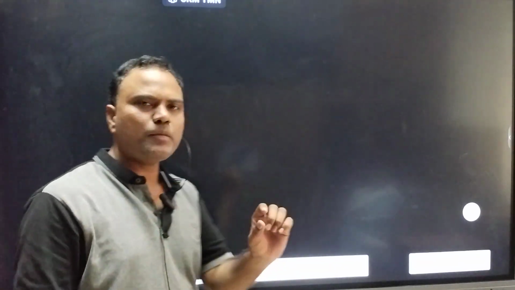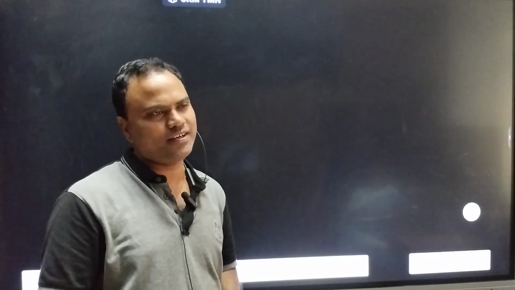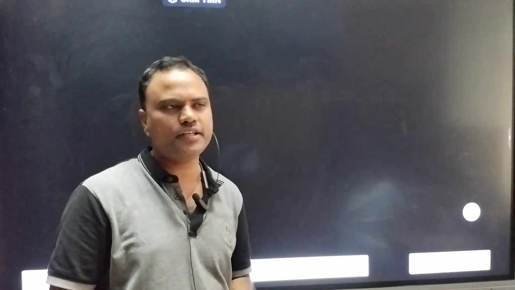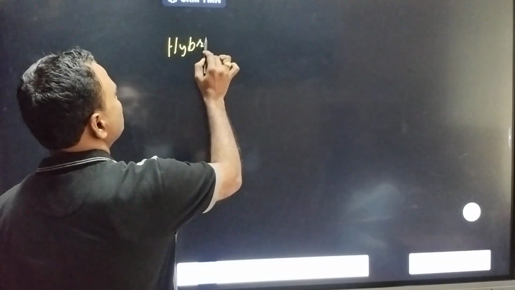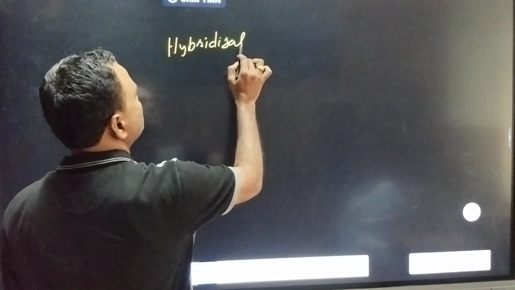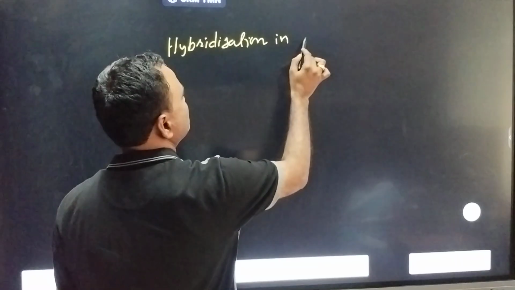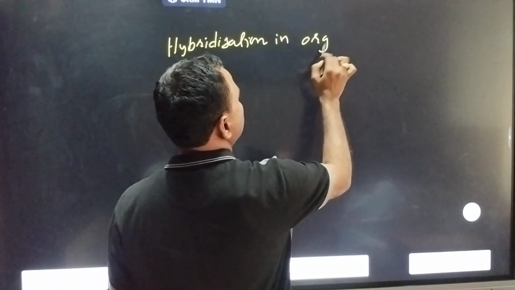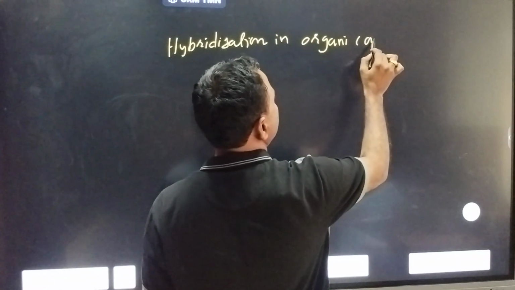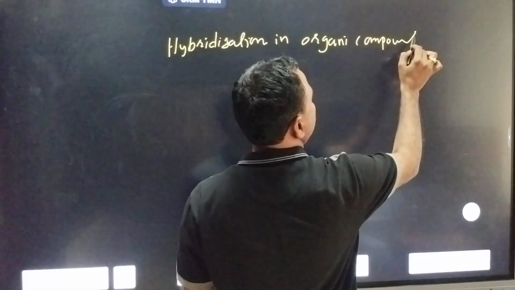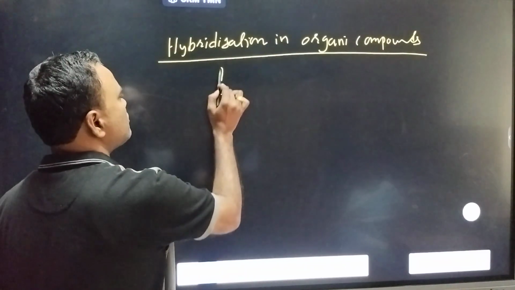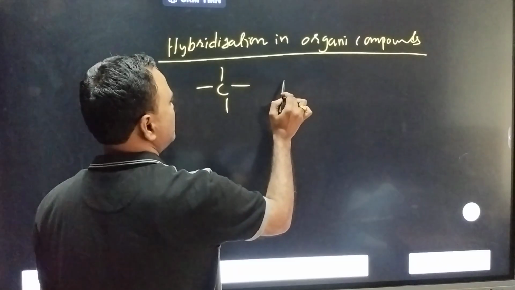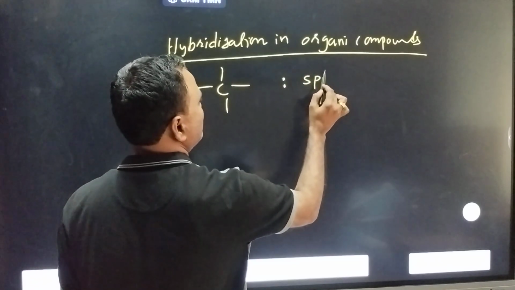Let us do hybridization in organic molecules. Questions related to organic are given different times in the exam. Hybridization in organic compounds: if carbon is surrounded by all single bonds, then its hybridization is sp3.